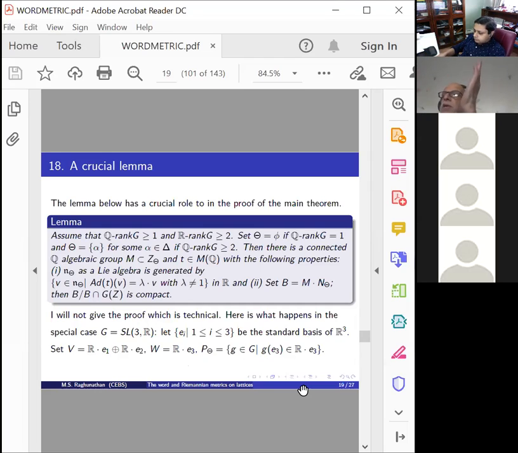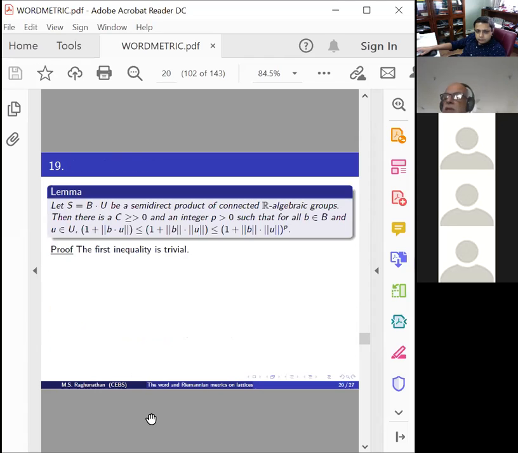So you take the diagonal blocks defined by the two-dimensional space spanned by E1, E2, and the one-dimensional space spanned by E3, and you take all upper triangular matrices with respect to this block, including the diagonal blocks plus everything above the diagonal. That is the group P theta in this case. Theta corresponds to one root. Theta, as I said, is a singleton in this case because I'm working with SL3R, Q rank 2. So P theta is that group.